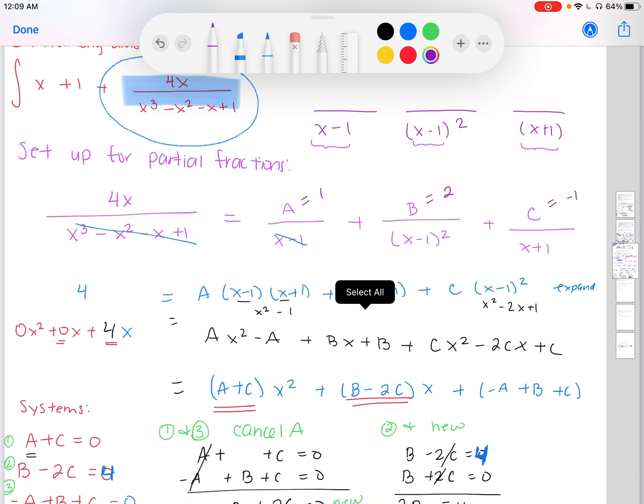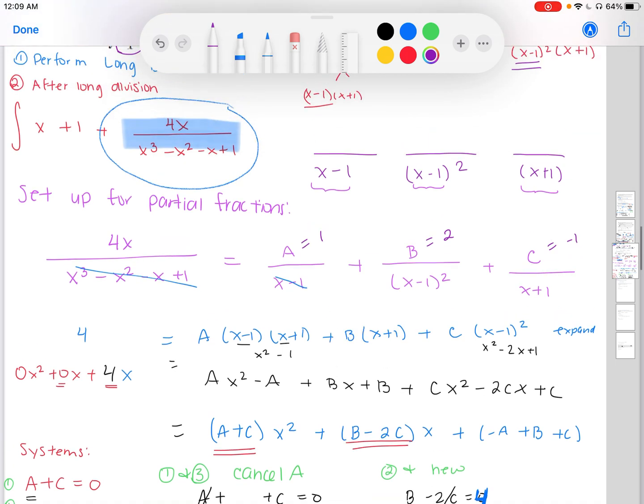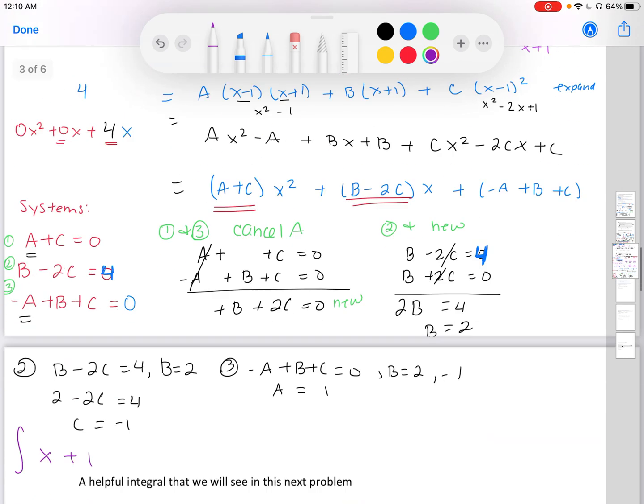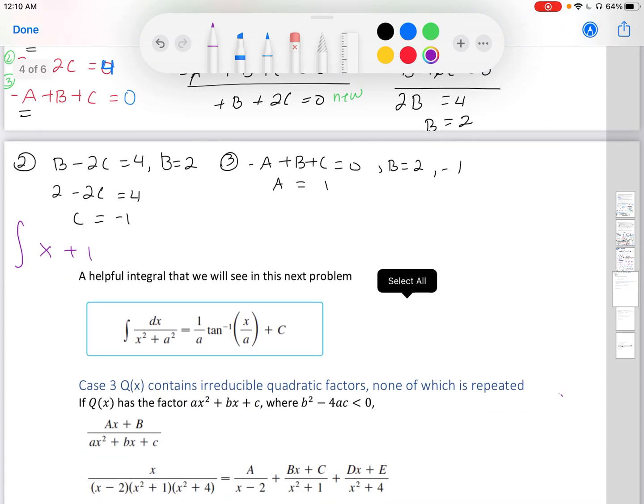So we have that new replacement for this circled problematic term. Let's write that down. So plus 1 over x minus 1 plus 2 over x minus 1 squared minus 1 over x plus 1.